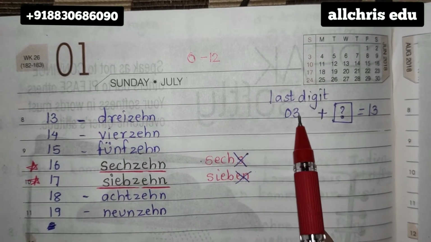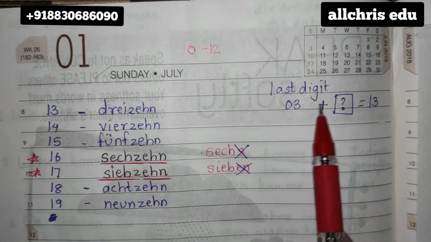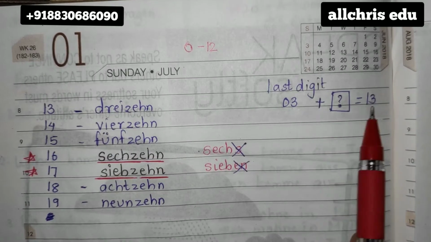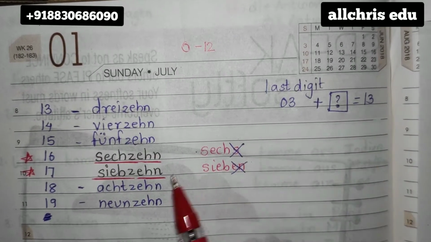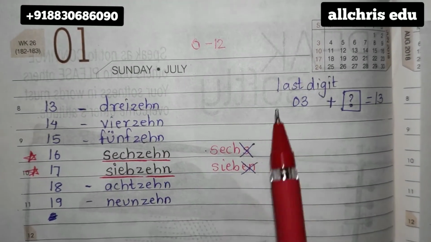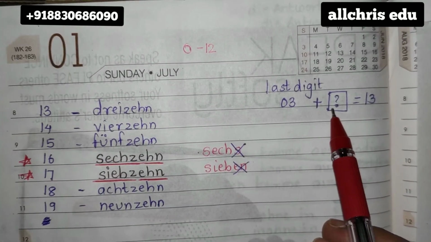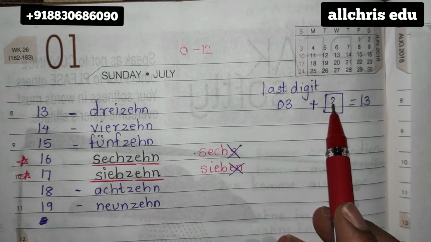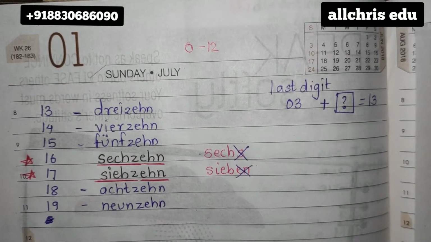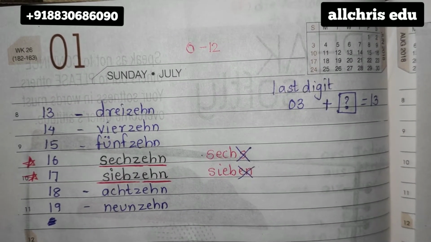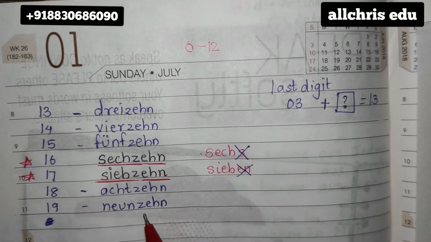If I give you 3 chocolates, how many should I give you more to make it 13 chocolates? Of course, 10. We learnt 10 in German in our last video. If you haven't watched it, go watch it and then come to this video.